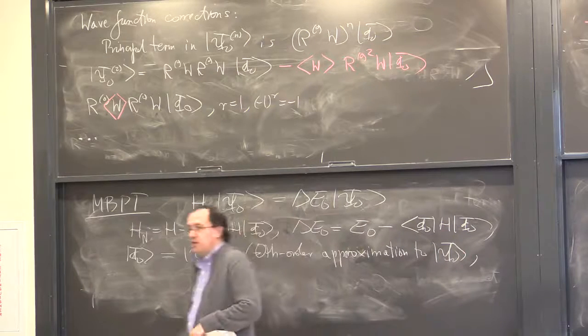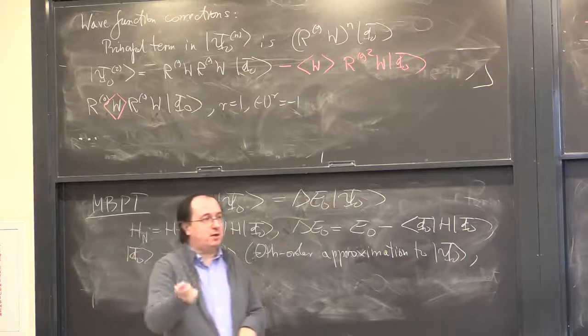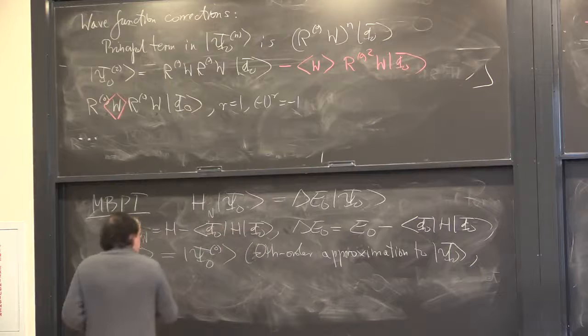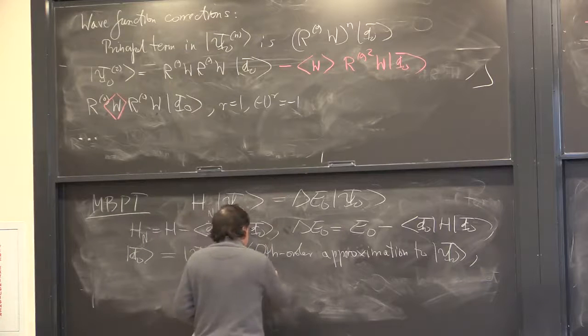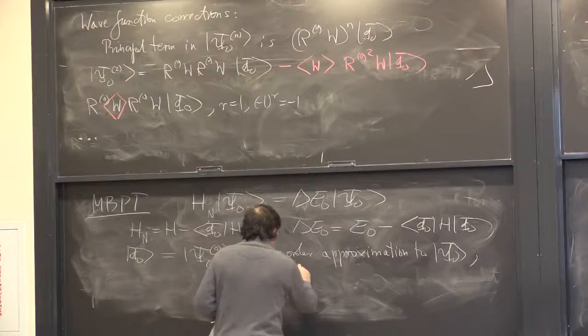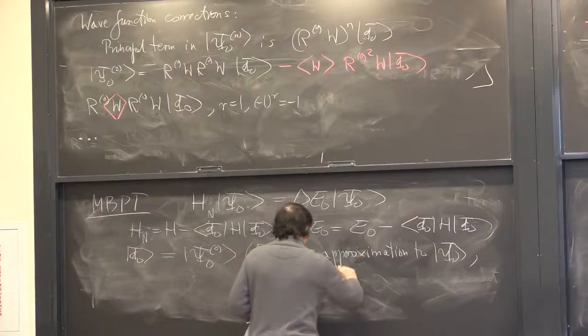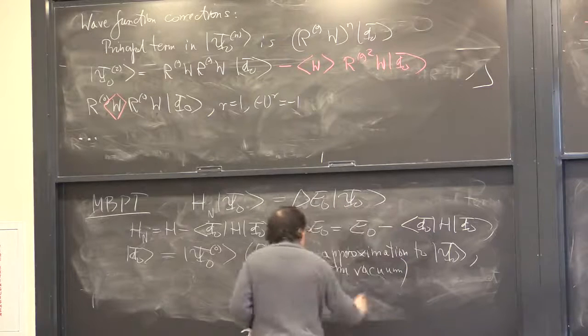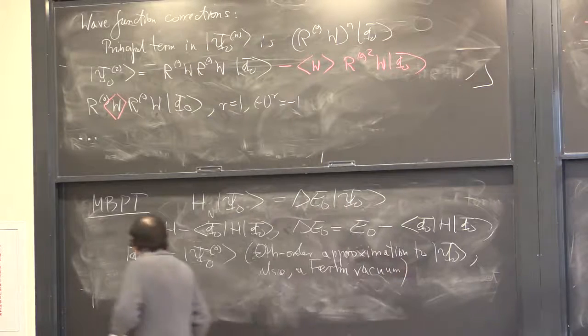But in our case, because we are in the many-body context, phi 0 is an independent particle model state. So phi 0 is also a Fermi vacuum, for many-body considerations.